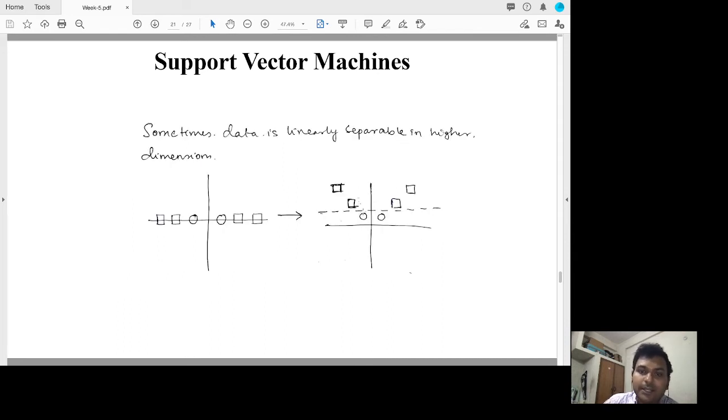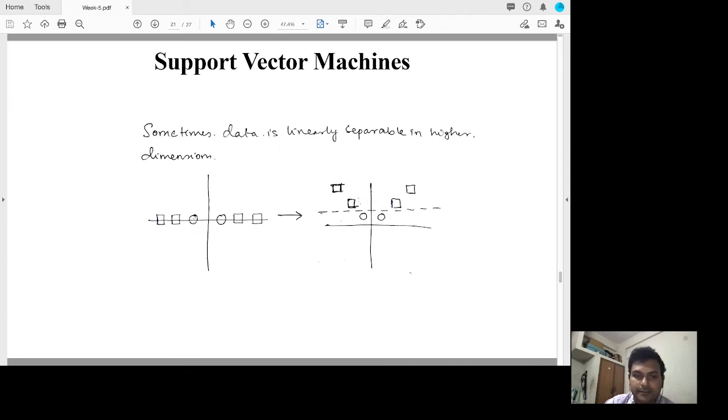Sometimes your data will become linearly separable if you go to higher dimensions. Let's say you consider this particular example, you want to classify the squares from the circles, and they are not linearly separable in the left hand diagram. What you do is, this is just the x axis that you have, you take a square of all these points and append that, so it becomes a 2D point. So one dimension has increased.